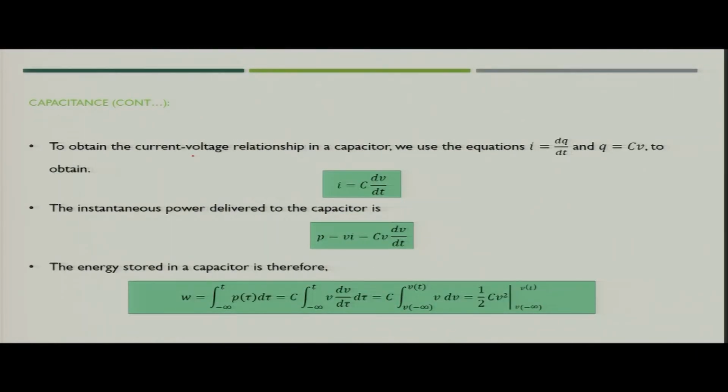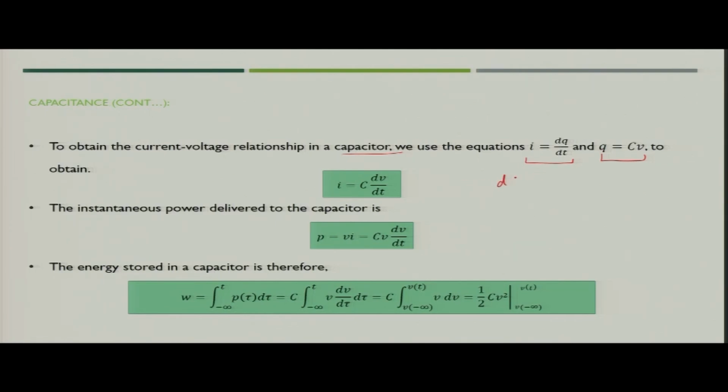Now, to obtain the current-voltage relationship in a capacitor, we can use the equation I is equal to dq by dt. This is what we calculated in our first lecture, and then q is equal to Cv, which we just saw. If you use these two equations, you can find the value of current I. You have to simply take the derivative of both sides of the equation with respect to time.